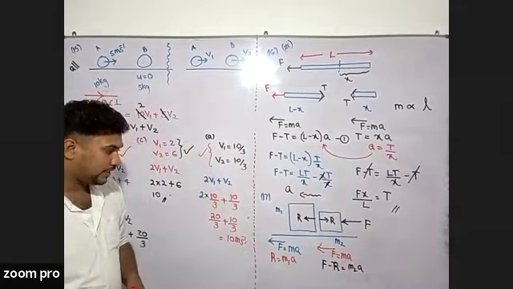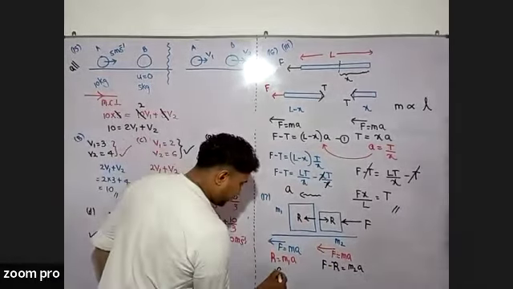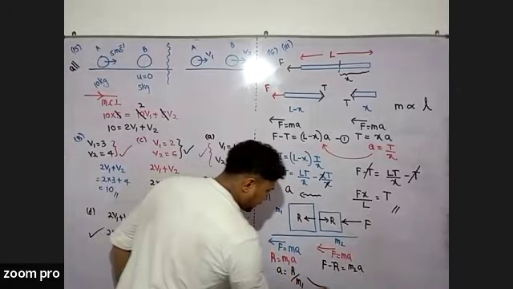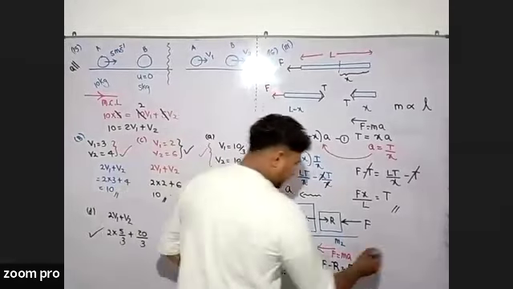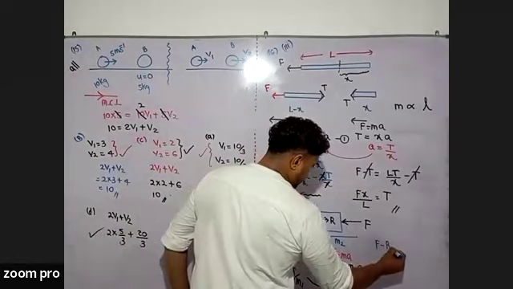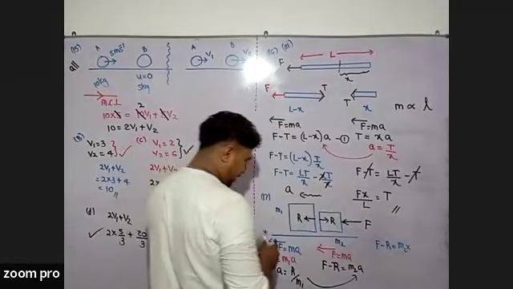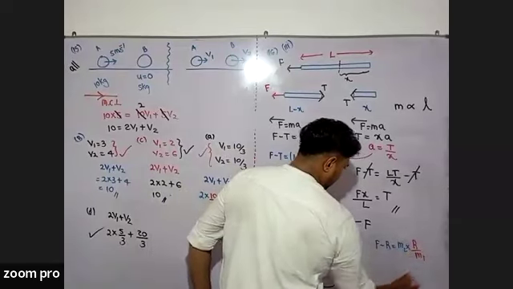Now we are asked to find R, right? That means I'm obtaining a value for a by considering this equation and substituting into the other one. Then F minus R equal to M2 into, instead of a, I can substitute R over M1.